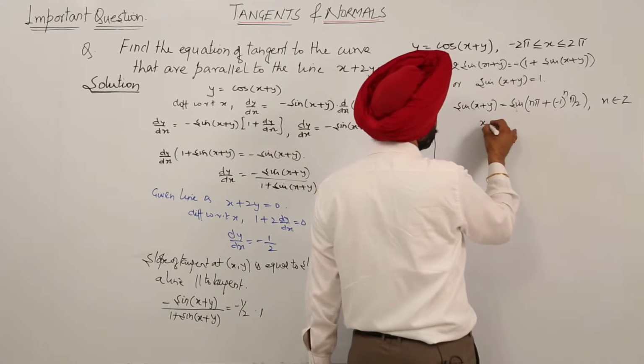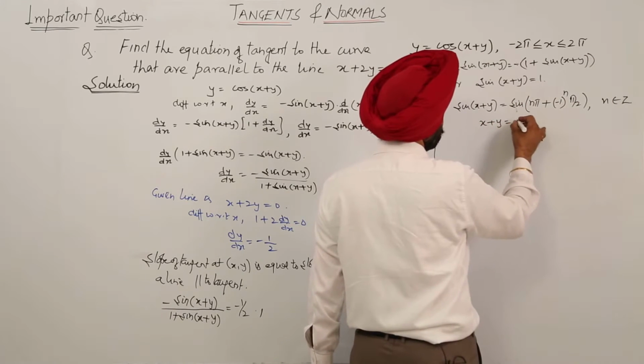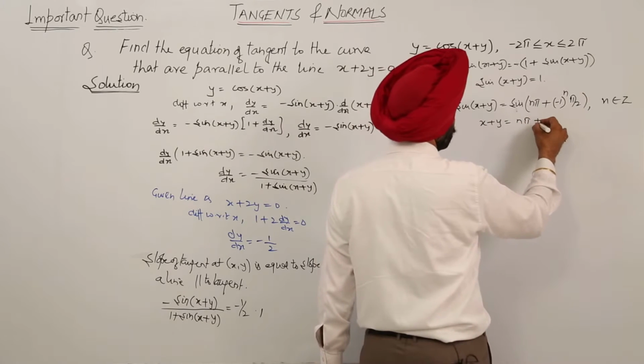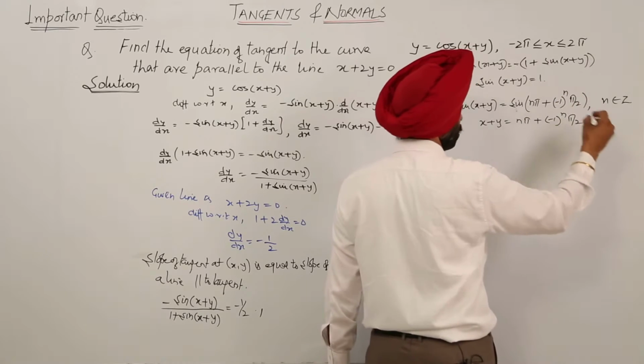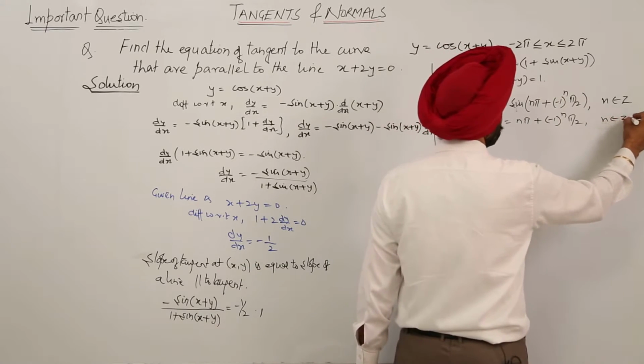Now we have x + y = nπ + (-1)^n π/2, where n belongs to Z.